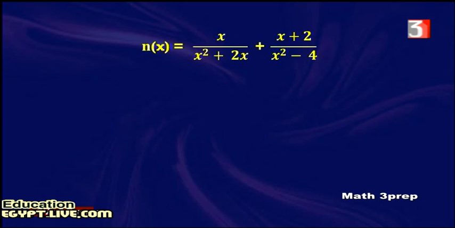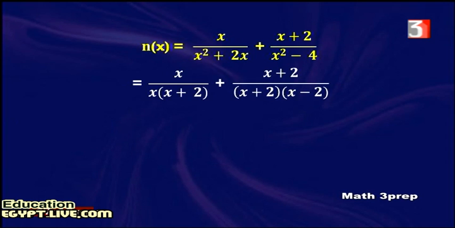First of all, you are going to make the factorization. So it is x over, taking x as a common factor, x plus 2 in the bracket, plus, by factorizing the denominator of the other part, x plus 2 over the difference of 2 squares, x plus 2 times x minus 2. Then you are going to find the domain.